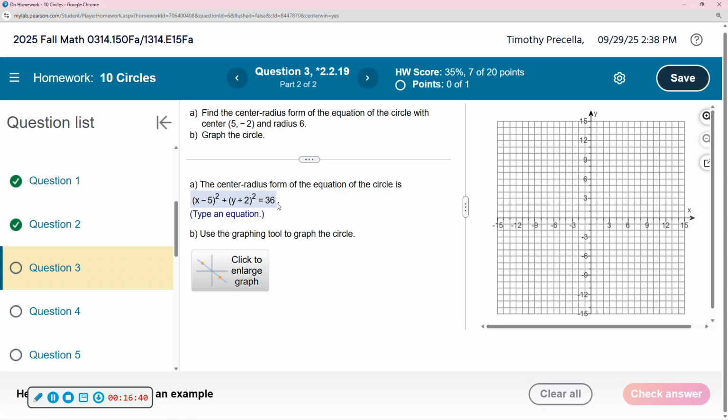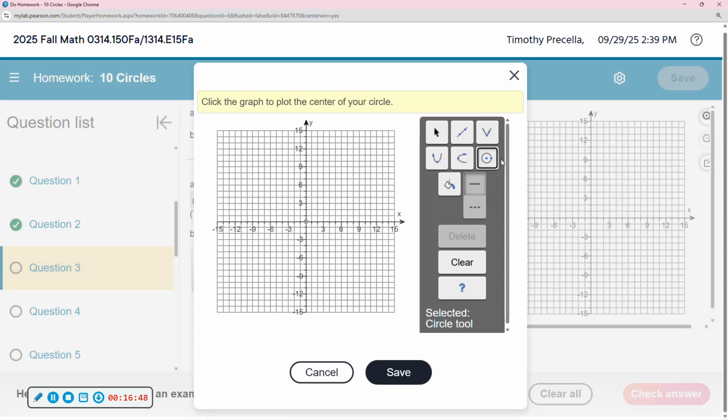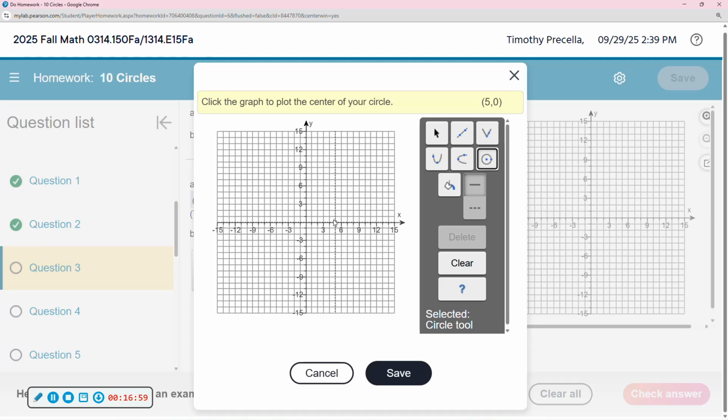Now, am I going to use any of this previous answer to do the graphing? Well, no. All you need for the graphing is that center and then move over the radius, which is 6. So 5, negative 2. We go to the right 5 and down 2.